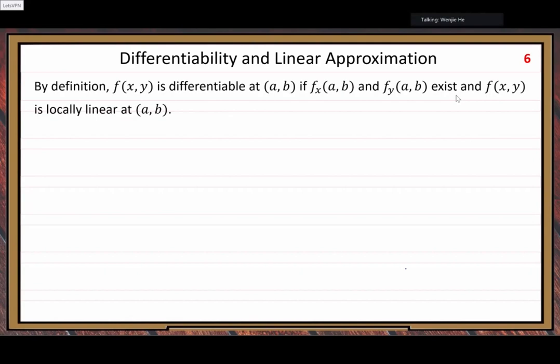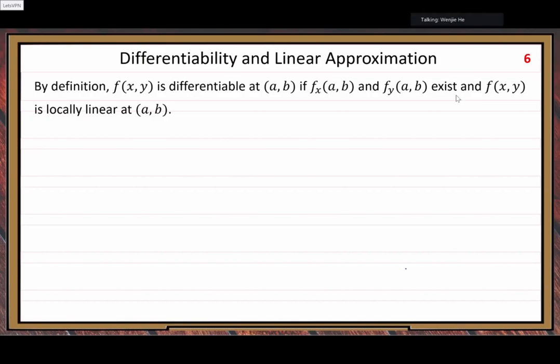By definition, f of x and y is differentiable at this point. So here, we need to look at this original two-variable function being differentiable at this point. How to see it is differentiable? Look at the condition. Partial derivative f sub x of AB exists. The second partial derivative also exists.